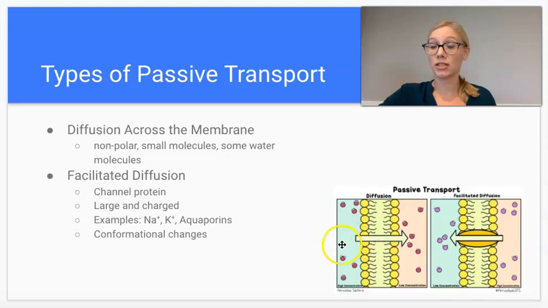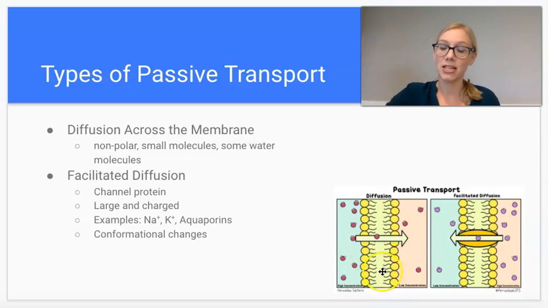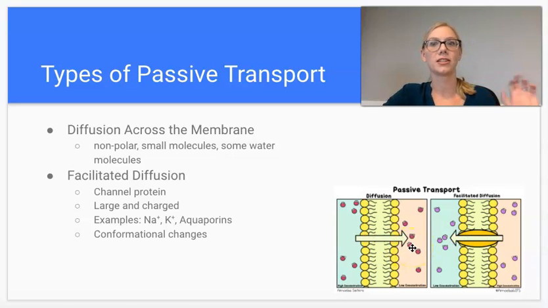Well, the first type is just diffusion, and diffusion can happen across a membrane for nonpolar and small molecules. Some water molecules actually can diffuse directly through the cell membrane too. They're going to go from the high concentration to the low concentration and spread out equally, but not as many.